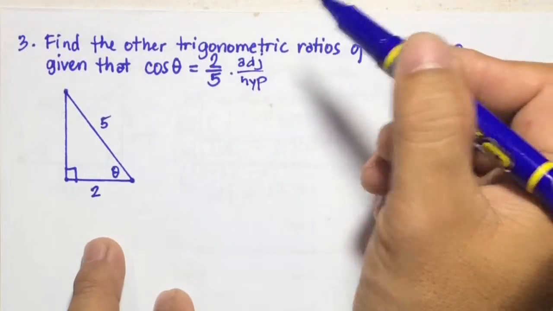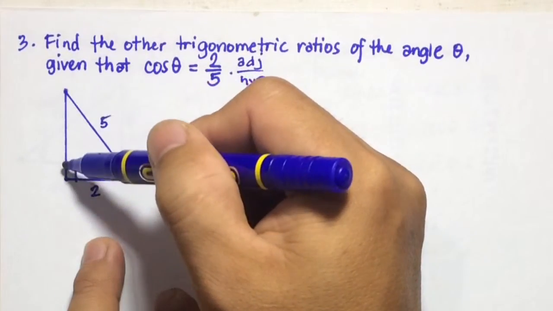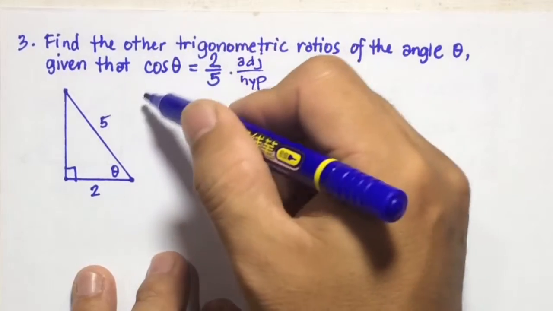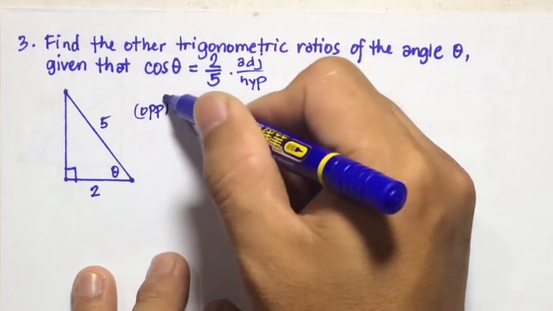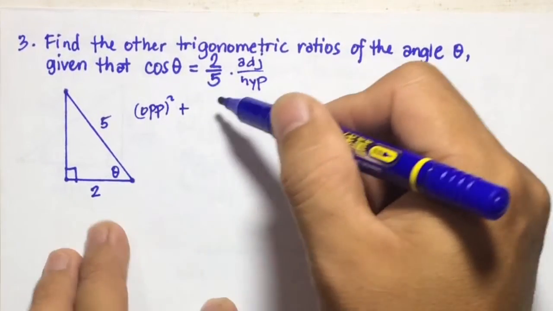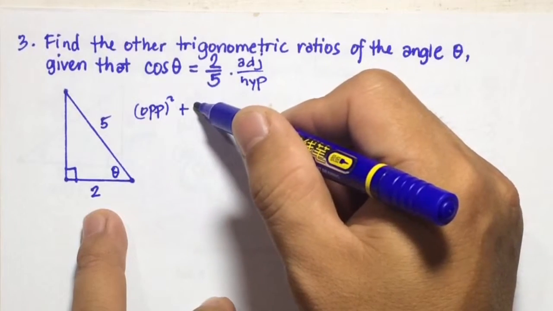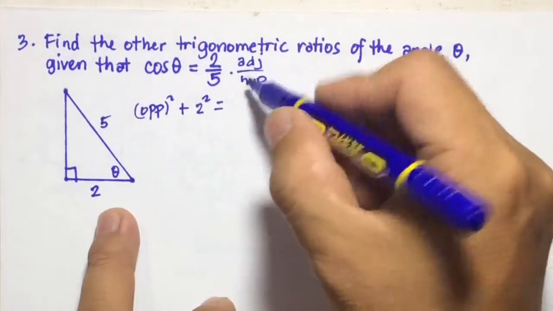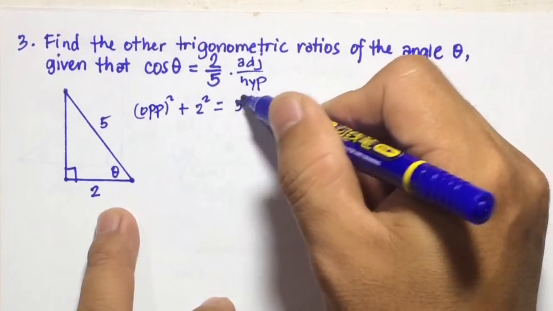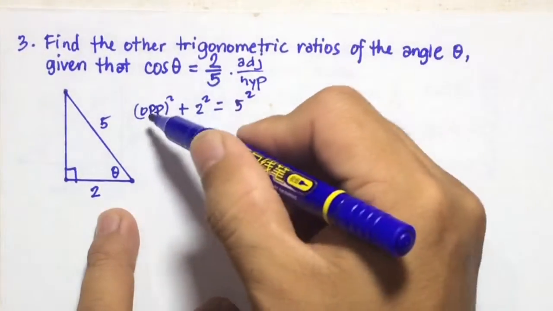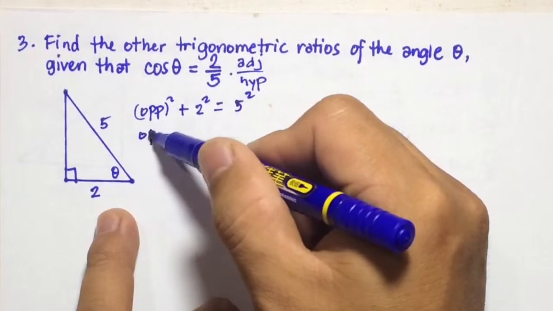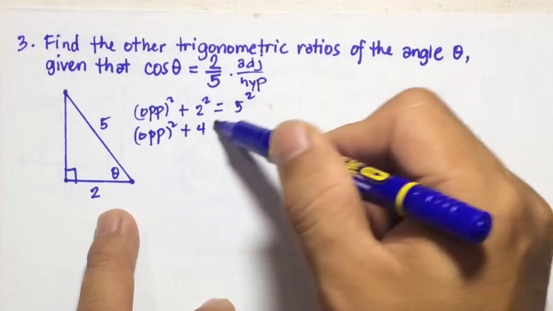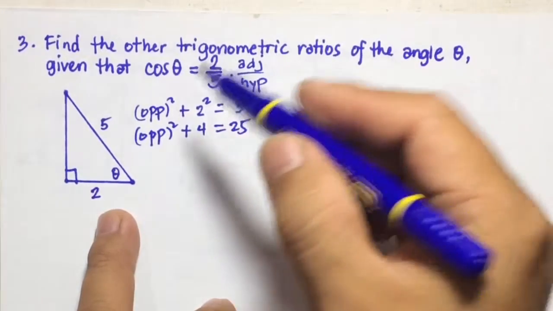So what we're going to do next is find the value of the opposite side. So opposite side squared plus adjacent side squared, 2 squared, equals the hypotenuse squared, 5 squared. So this is opposite side squared, and this is plus 4, equals 25.